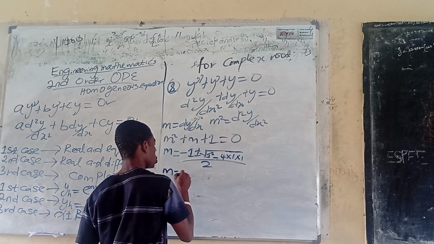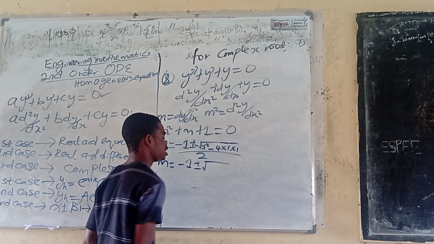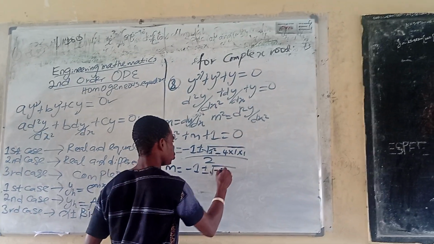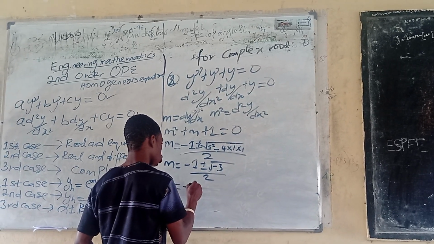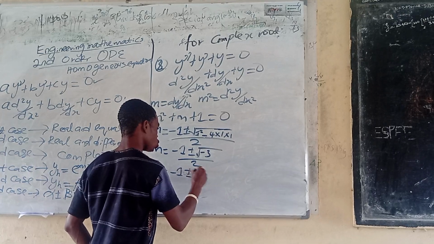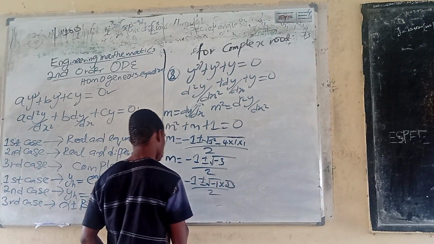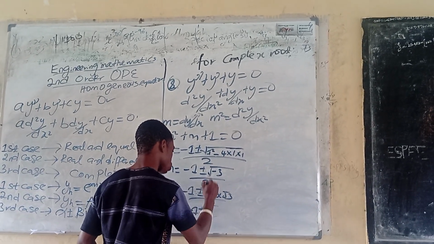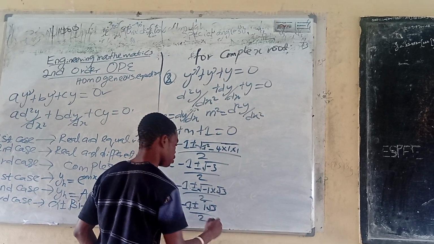So m equals minus 1 plus or minus the square root of 1 minus 4, which is minus 3, divided by 2. So m equals minus 1 plus or minus the square root of minus 1 times the square root of 3, divided by 2. M equals minus 1 plus or minus i square root of 3, divided by 2.